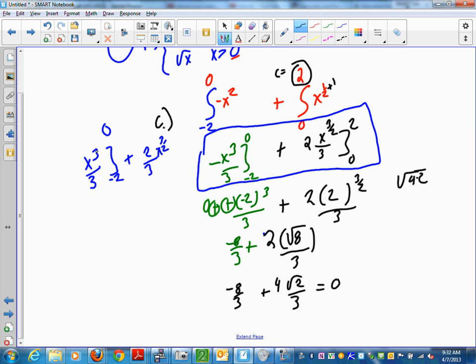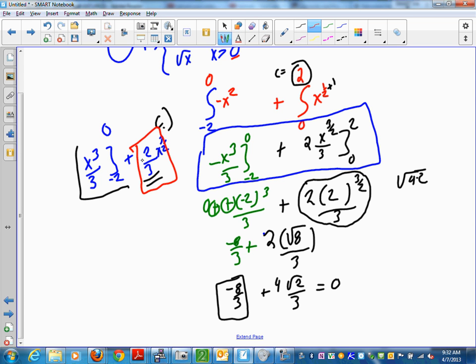Since this part always equals negative 8/3, and they want to know if it's ever going to equal 0 again, move this over and equal 8/3. So basically, the black one is equal to 8/3. That's what you're looking for, right? So really, you can just concentrate on this half of the equation. This part right here I'll make in red over here. So let's go ahead and work this one out.